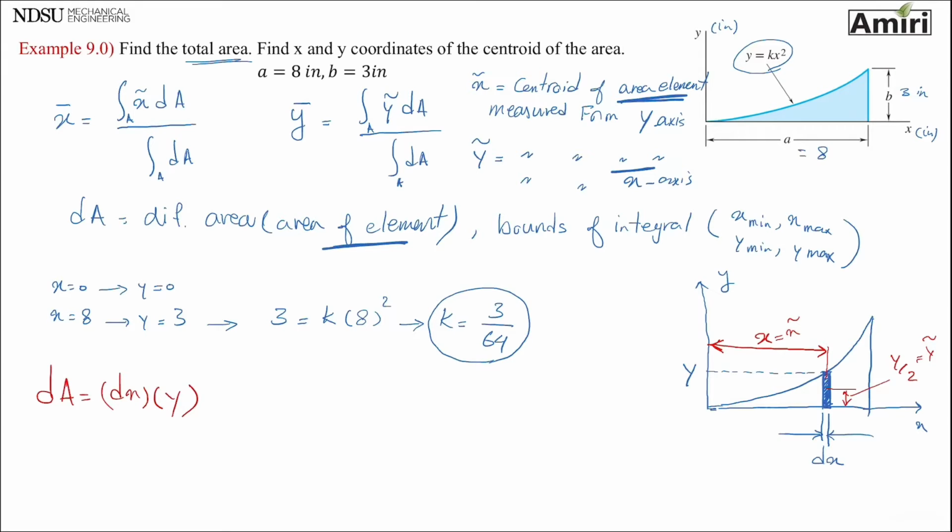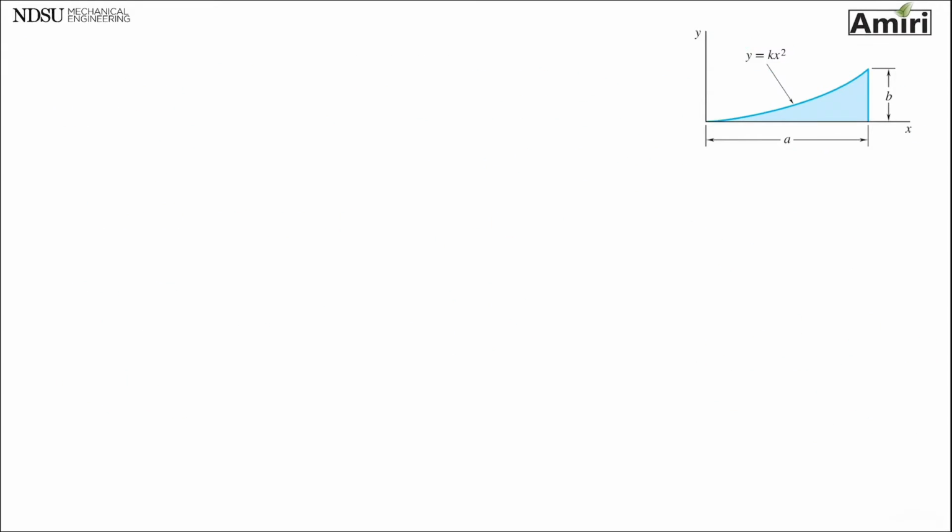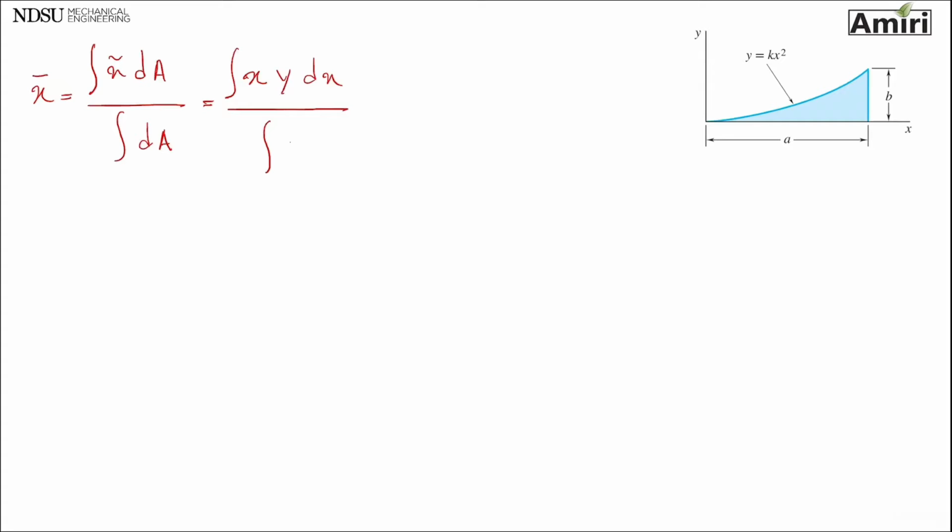So that's all I need. So let's just start setting up the integral. I'm going to start here again. X bar equals integral of x tilde dA over integral of dA. X tilde, I found it to be x. dA, I found it to be y dx, over y dx.